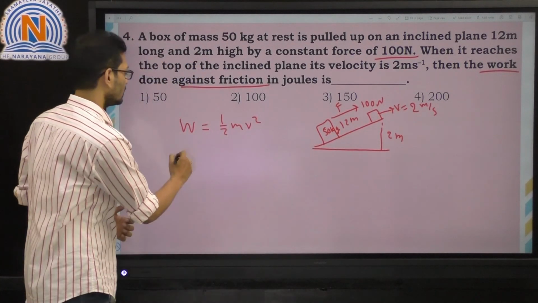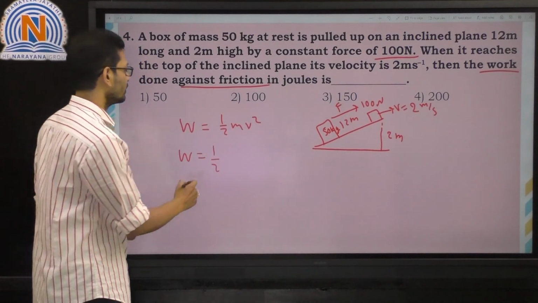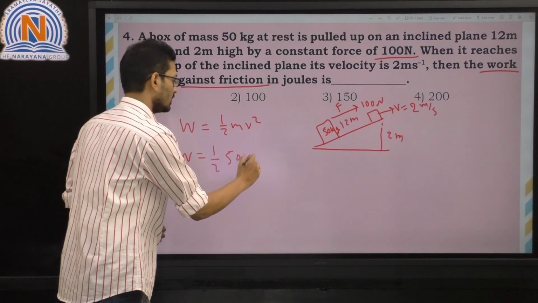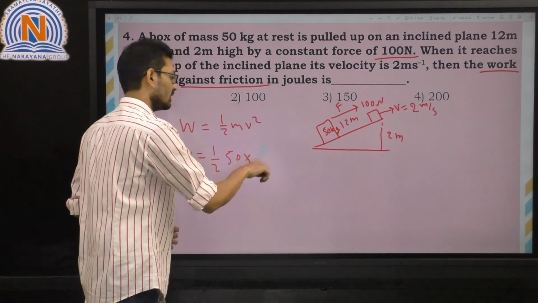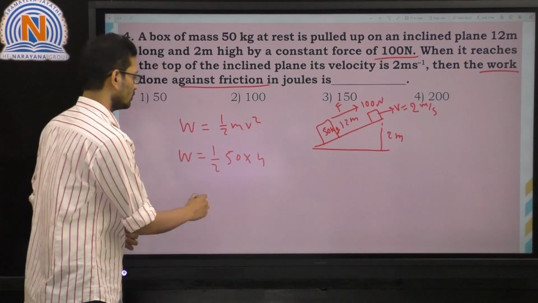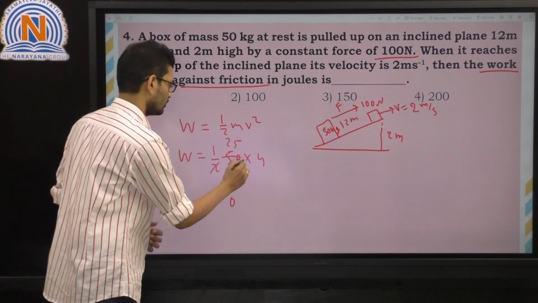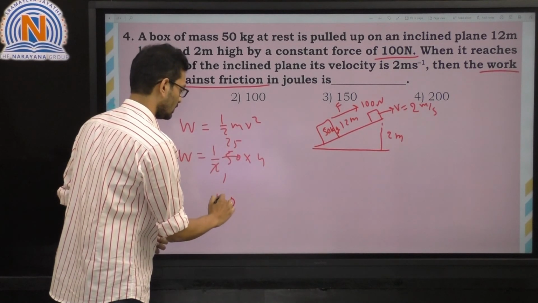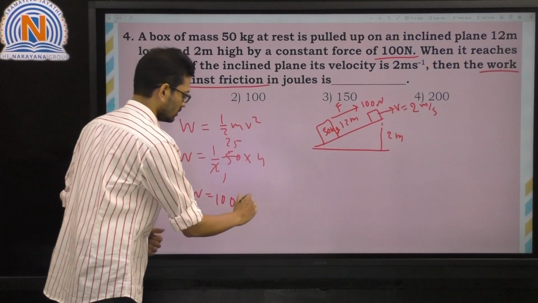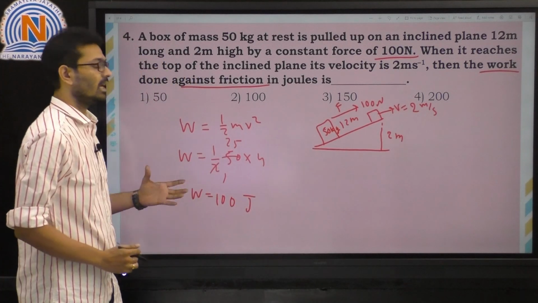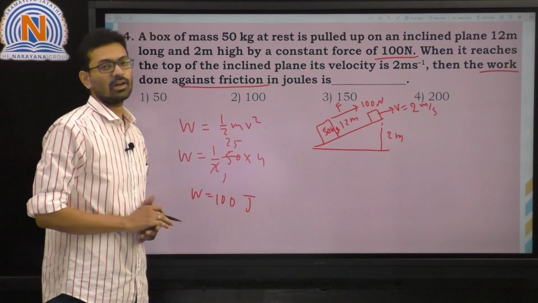Now W is equal to half, m is given as 50 kg, and velocity is given as 2 square, which I am going to directly write as 4. So 2 ones are 2, 25s are 100. So work done is equal to 100 joules. So the work done against the friction to reach that particular point is 100 joules.